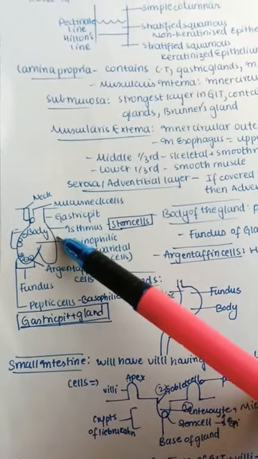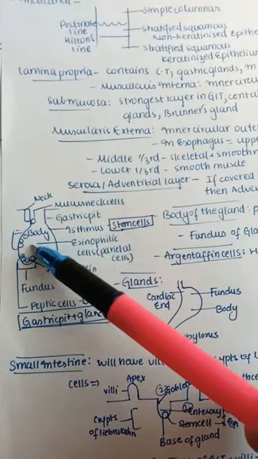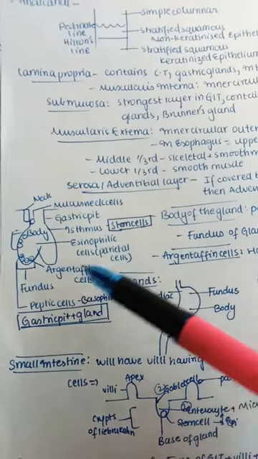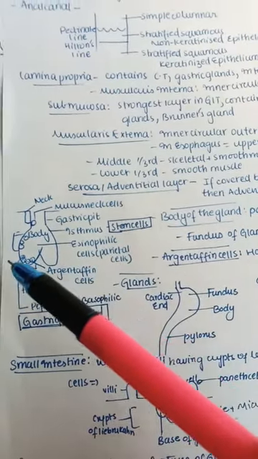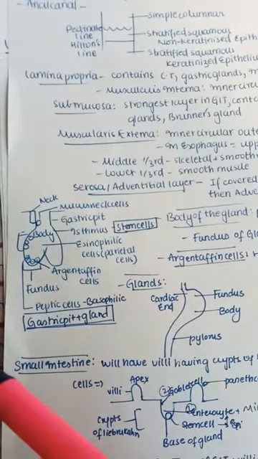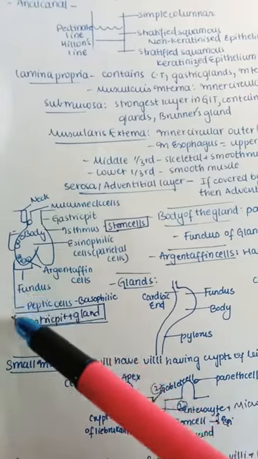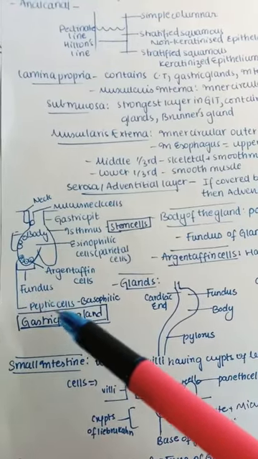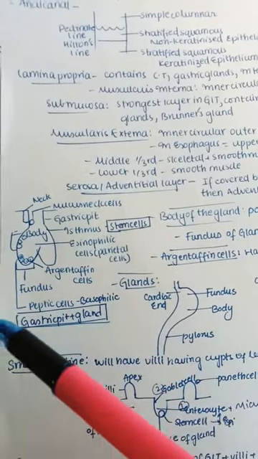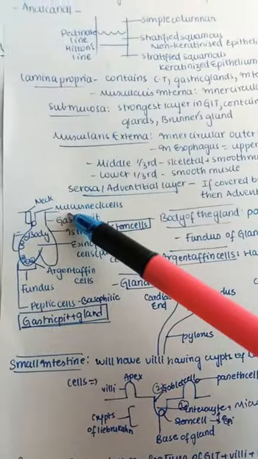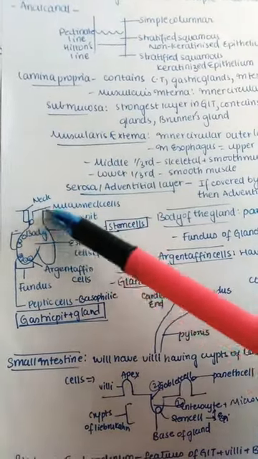This is the isthmus, which has stem cells, and these eosinophilic cells are the parietal cells, and these are the argentaffin cells. This is the body of the gland. The peptic cells are present in the fundus, and peptic cells are basophilic. So this is the structure of the gastric pit along with the gland. This is the gastric pit and this is the gastric gland.